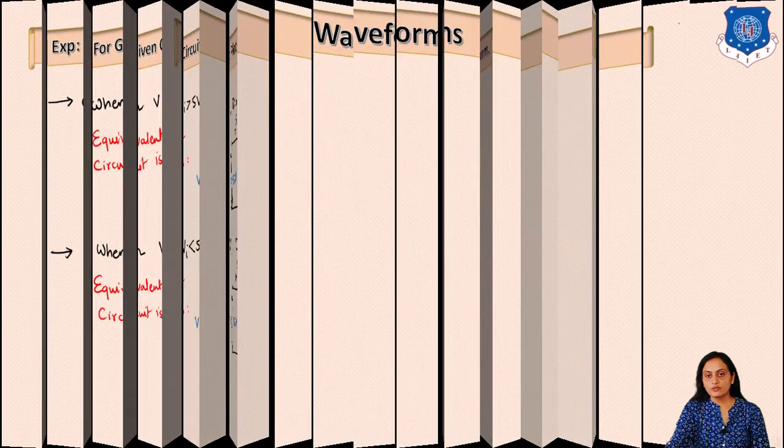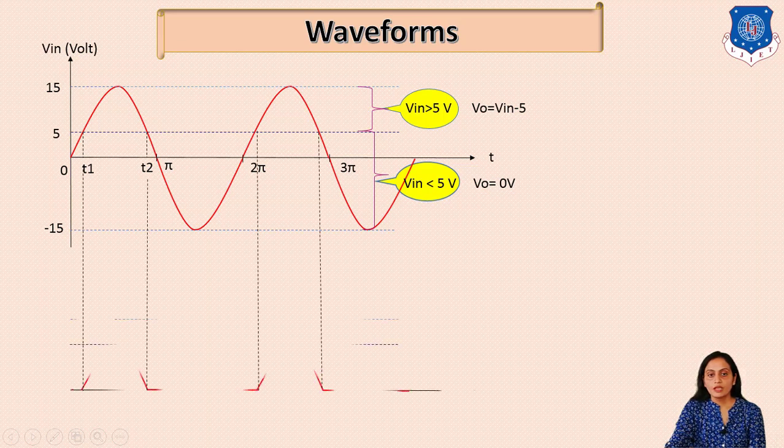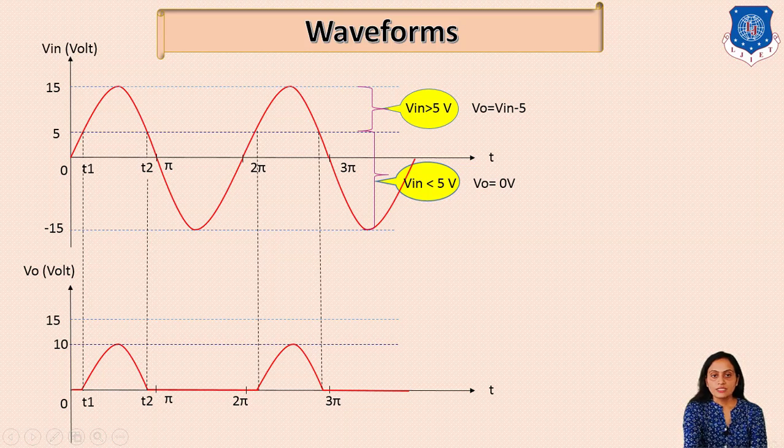Now we will plot the waveform. This is the input voltage waveform, which has a peak value of 15 and a negative peak value of minus 15 volt. We have seen that this is the reference voltage level.